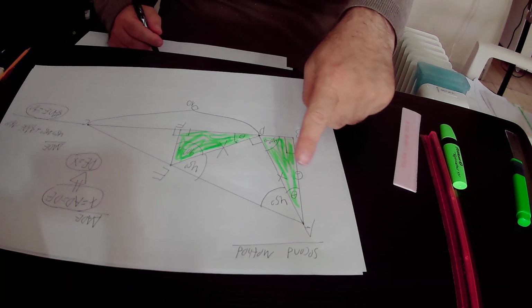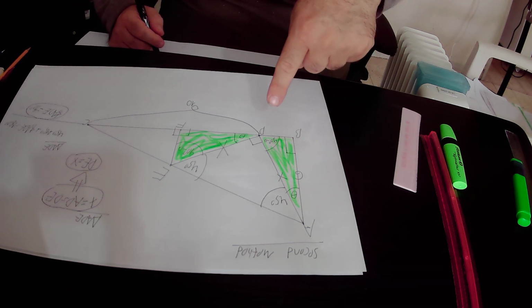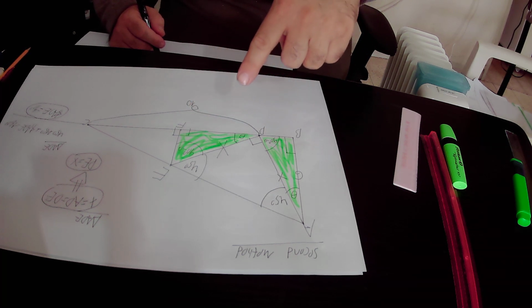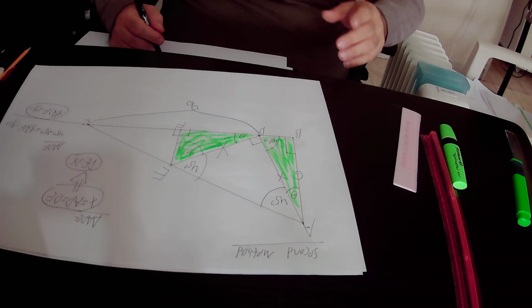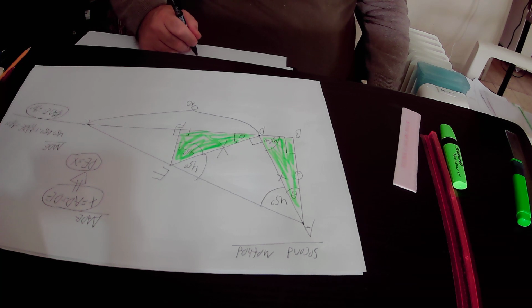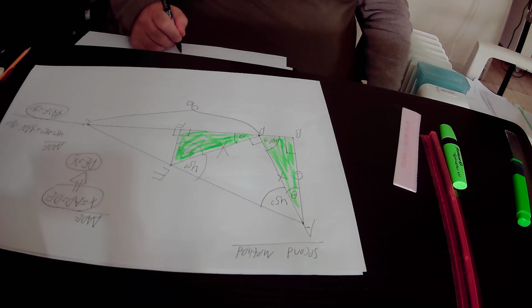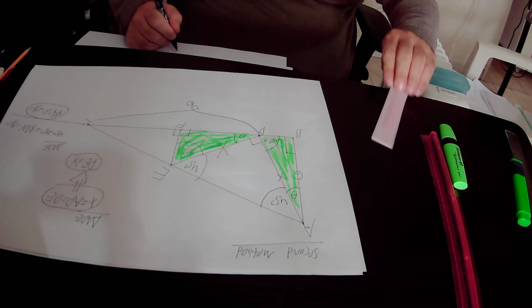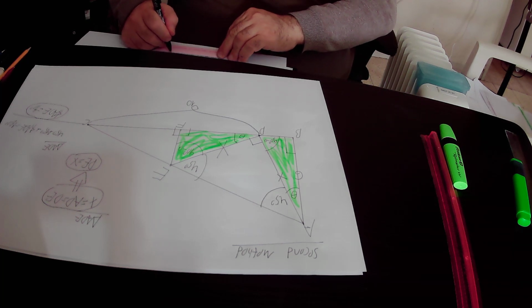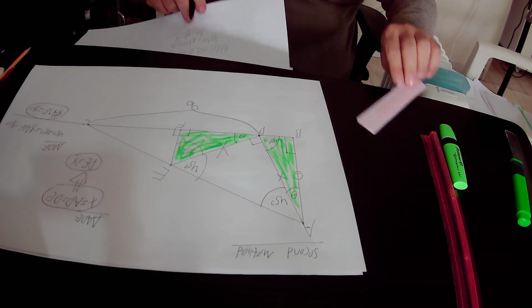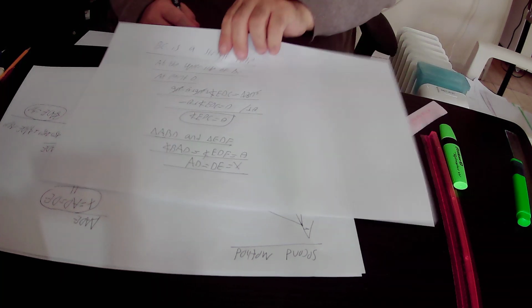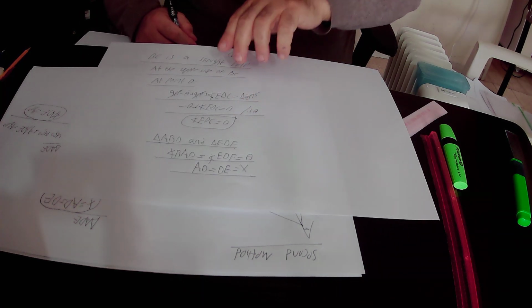We also know that side AD of triangle ABD is equal to side DE of triangle DEF and they are both equal to x. So AD is equal to DE is equal to x.